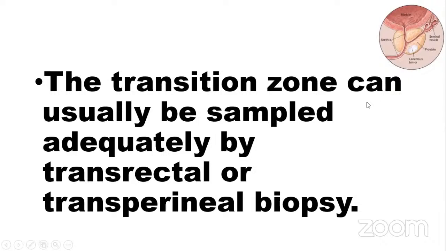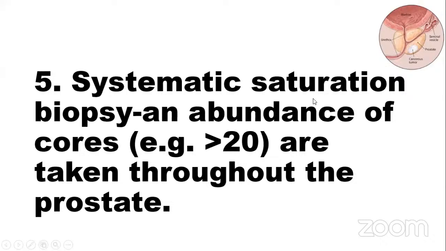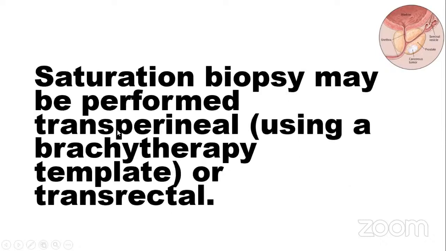The transitional zone can usually be sampled adequately by transrectal or transperineal biopsy. Systematic saturation biopsy: an abundance of cores, for example more than 20, are taken throughout the prostate.